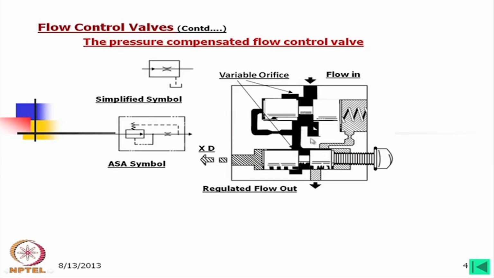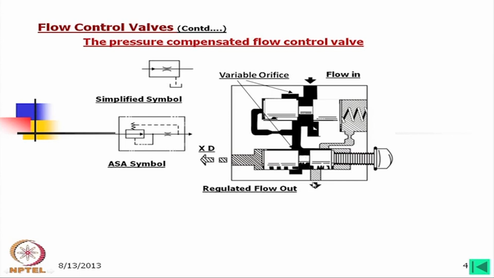What happens is that when the flow is going through this and going out, depending on the orifice opening here, some part of the oil flow is going back to the tank through the relief valve here and the other part of the oil is going to the other side. The amount of this flow is adjusted by this one, as well as this is pressure compensated in a sense.